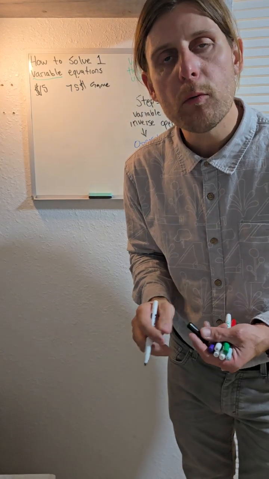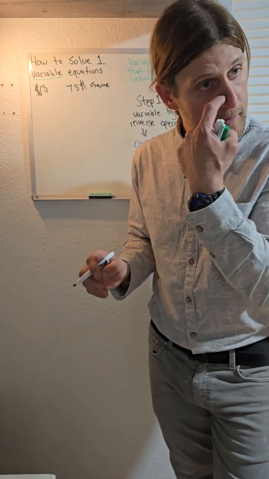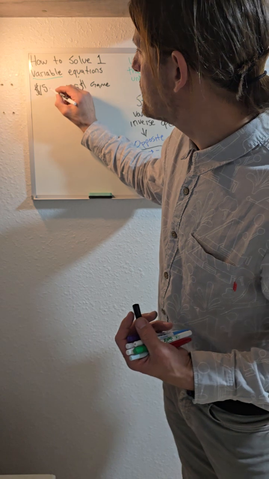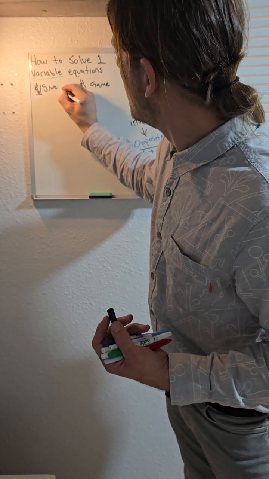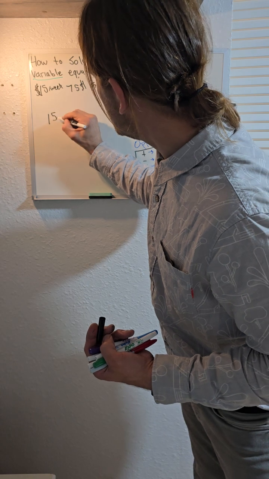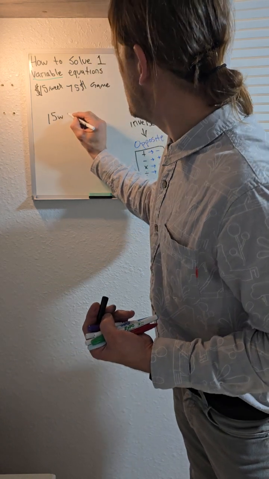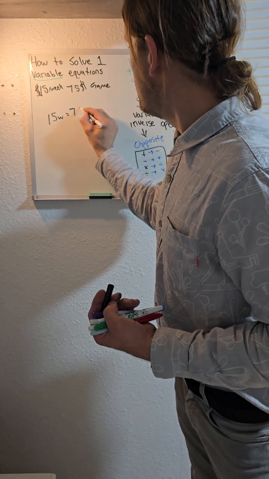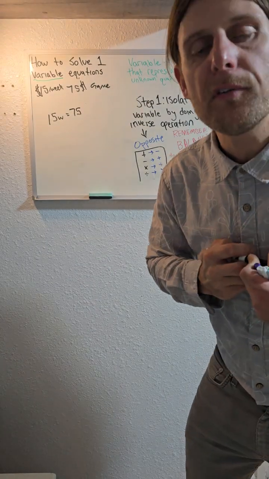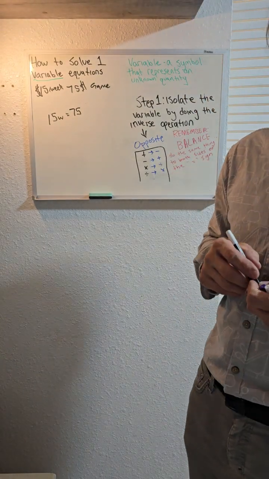We can set up a one variable equation to see how long it would take to save up for your game. Your allowance is $15 a week. So we can do 15W equals 75. How many weeks will it take for you to save up for a game that is $75?